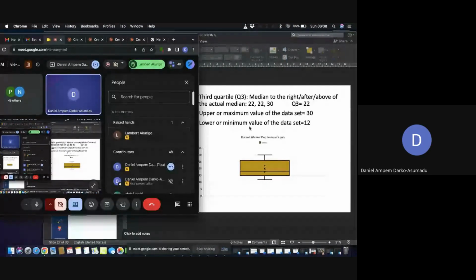I'm asking, why did you use the star to plot that one, but the others, the first and the third, are dots? I just want to differentiate that the star is the actual median.